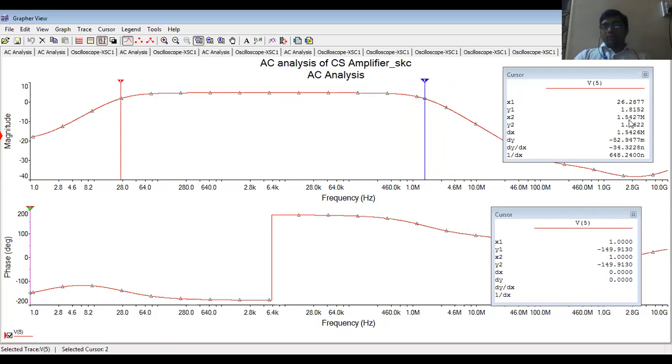So it comes to 26.2. This is FL, and FH is nearly 1.55 megahertz. Here, this is the value.